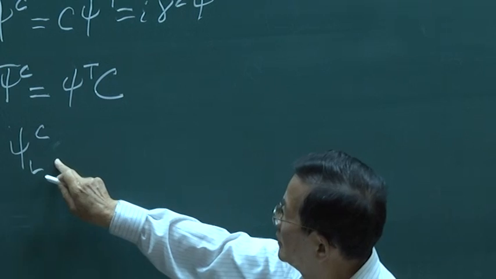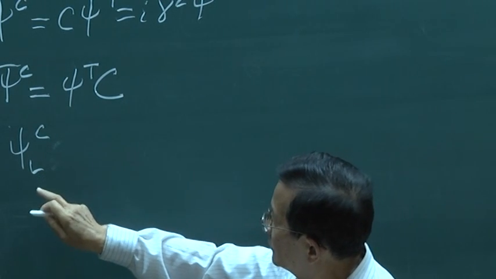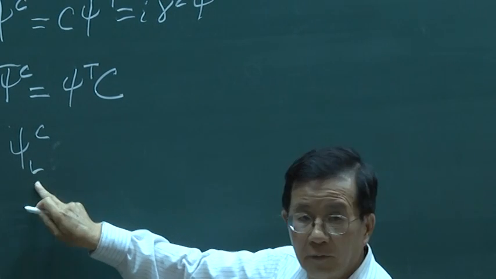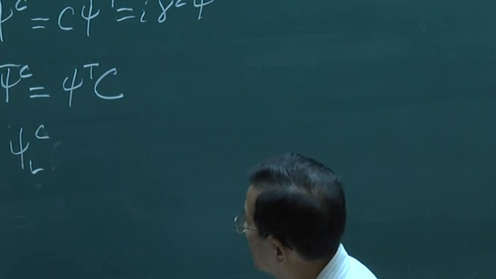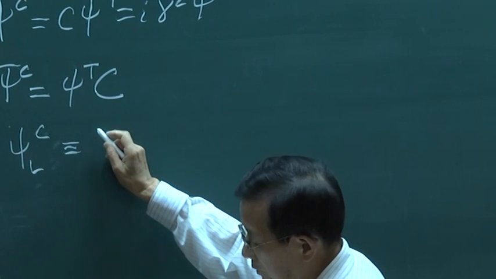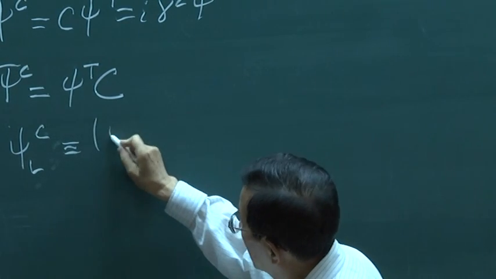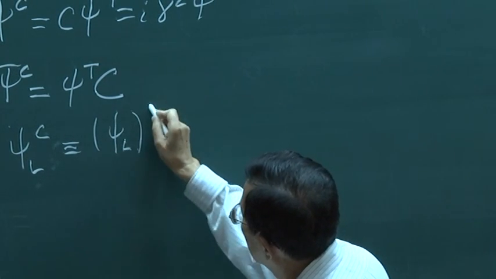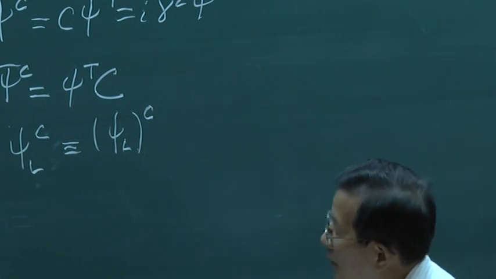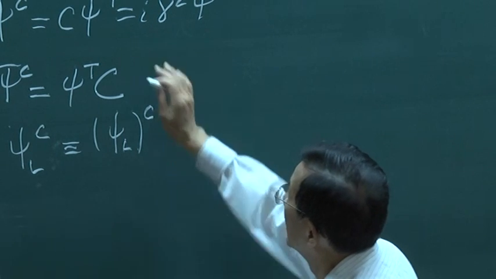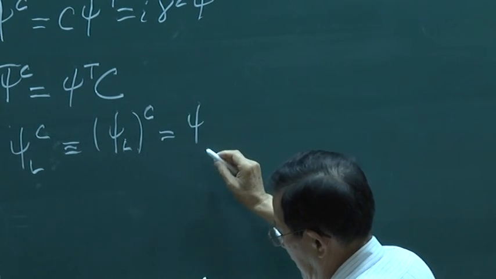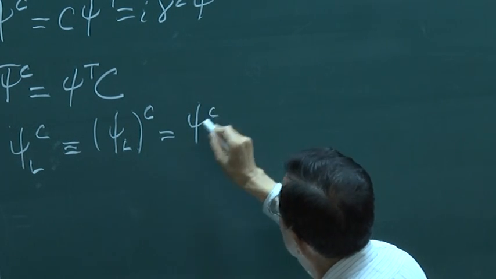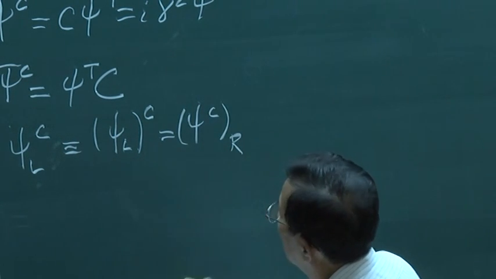If I just write psi C, it's a little bit ambiguous because you don't know whether I take the left-handed part first or take the charge conjugate first. So this is defined to be psi left-handed and then take the charge conjugation. If you go through all of this, you'll find that this is equal to psi C right-handed.